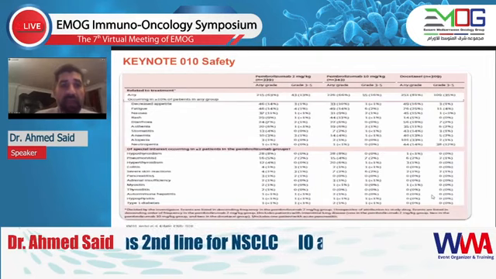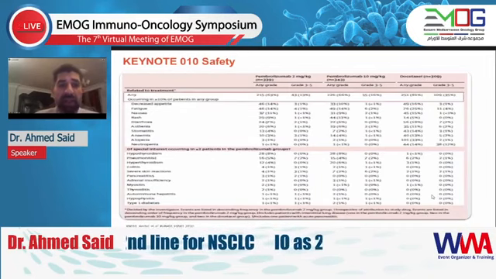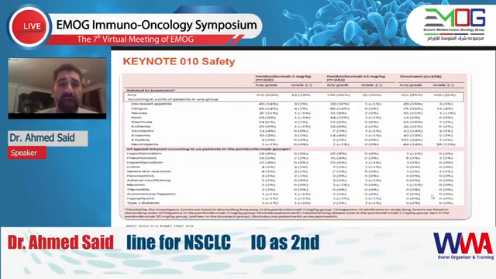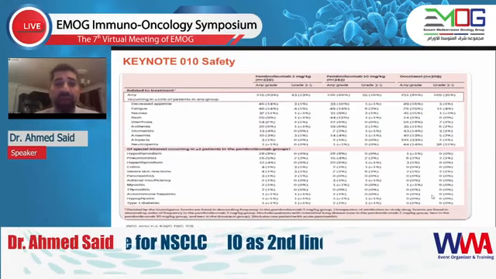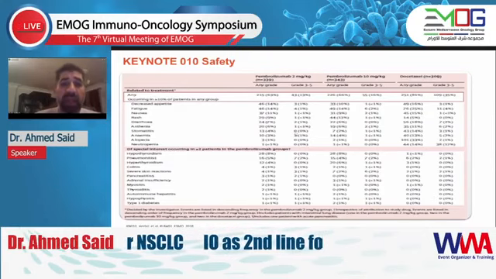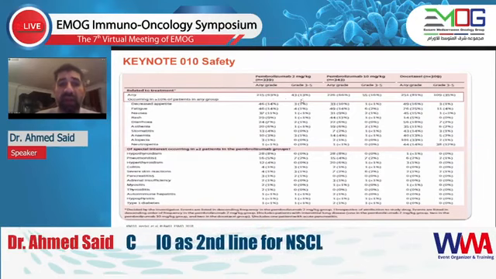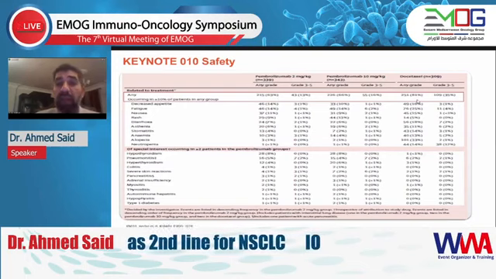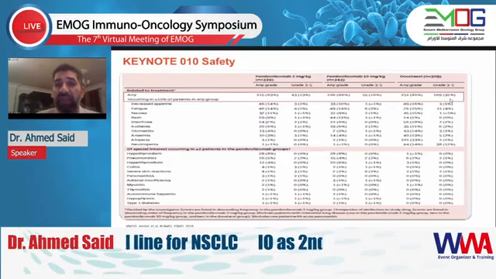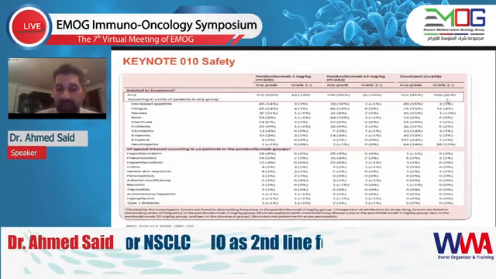And for the safety, it is consistent with what we find with immunotherapy versus conventional chemotherapy, with any grade toxicity of 63% and grade 3 to 5 of 13%, while in the docetaxel arm it is 81% in any grade and 35% severe grade 3 to 5 toxicity.